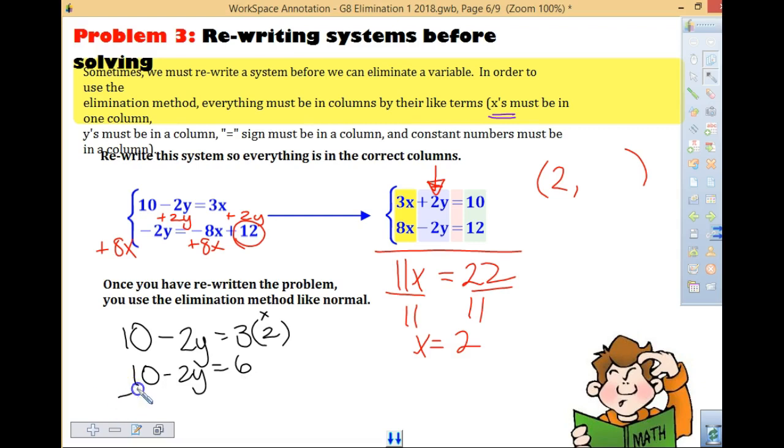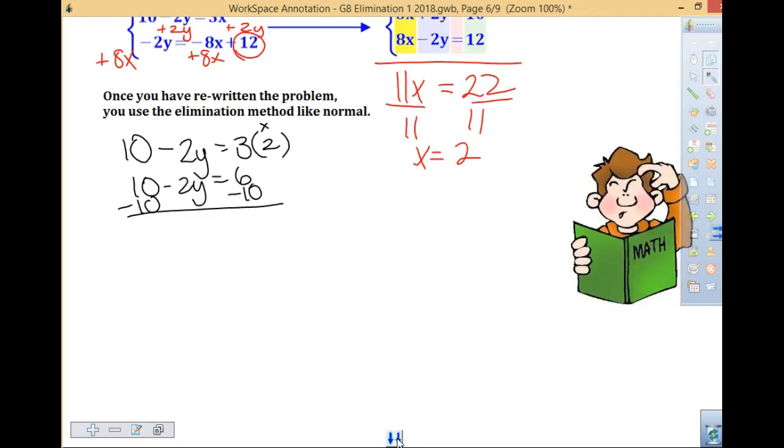We are going to subtract by 10. Negative 2y equals negative 4. And our y is 2.